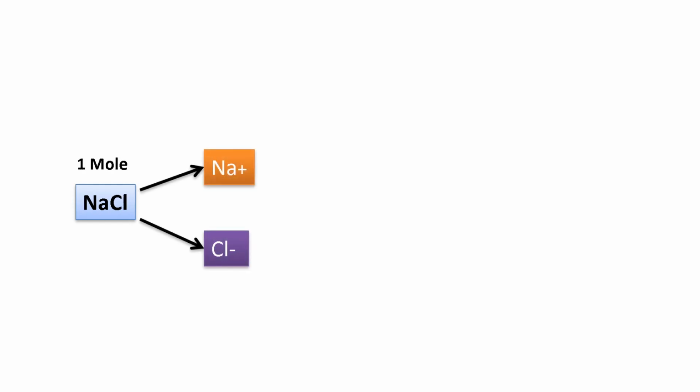In this next example, we have 1 mole of sodium chloride that will dissociate into 1 osmole of sodium and 1 osmole of chloride in 1 liter of solution. Therefore, 1 mole of sodium chloride will form 2 osmoles of the solution.